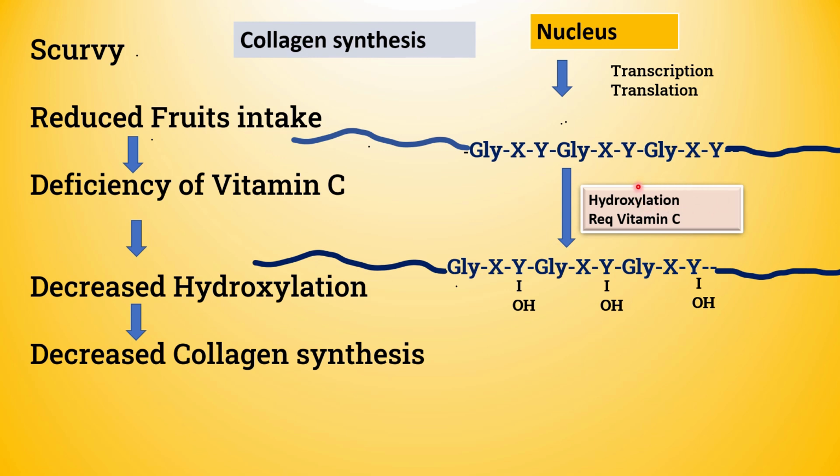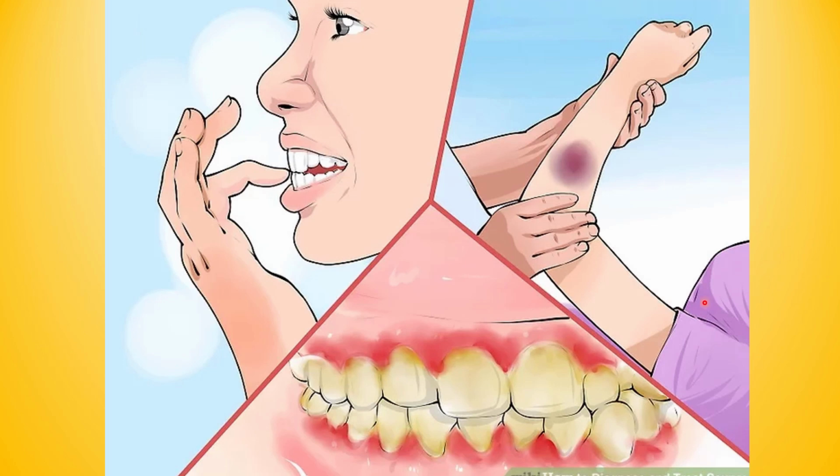If this step is not happening properly, there is a decrease in collagen synthesis, and because of that, the manifestations of scurvy appear. This is the biochemical basis of scurvy: deficient hydroxylation reaction. The manifestations are bleeding of gums, easy injury, and pain in your teeth whenever you tap on them.